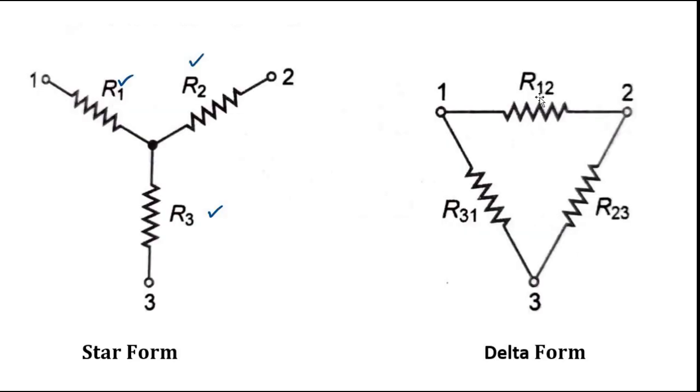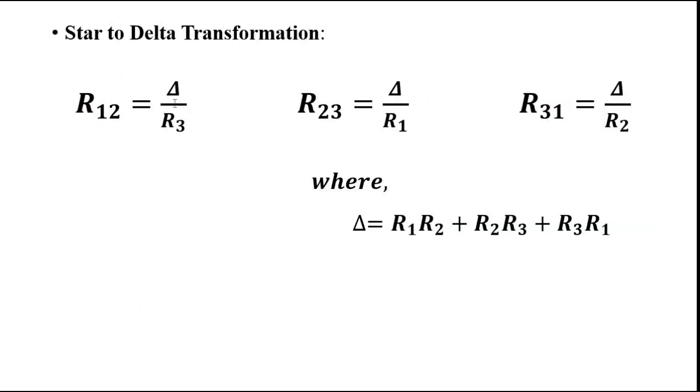Now we want to get these values in terms of R1, R2 and R3. So R1, R2 and R3 are given. We want to determine R12, R23 and R31. So R12 is equal to delta divided by R3, where delta is this. R23 is delta by R1 and R31 is delta by R2.